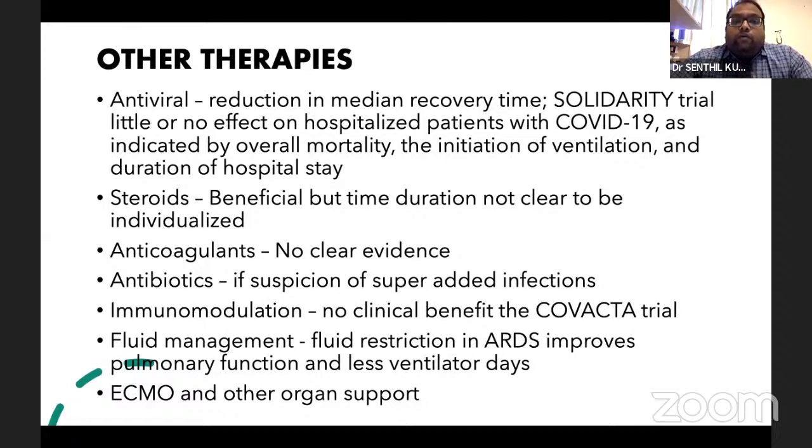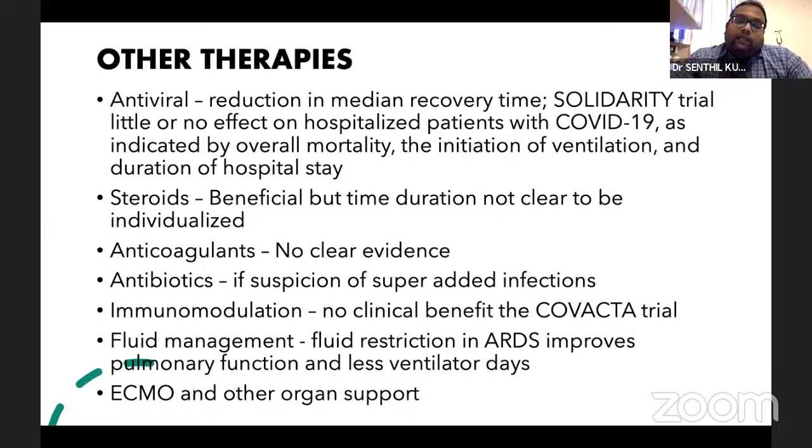Immunomodulation therapy, no clear clinical benefit according to the latest COVACTA trial. Initially, anti-interleukin 6, that is tocilizumab, was shown to be beneficial with some mortality benefit, but later it showed nothing much compared to placebo.